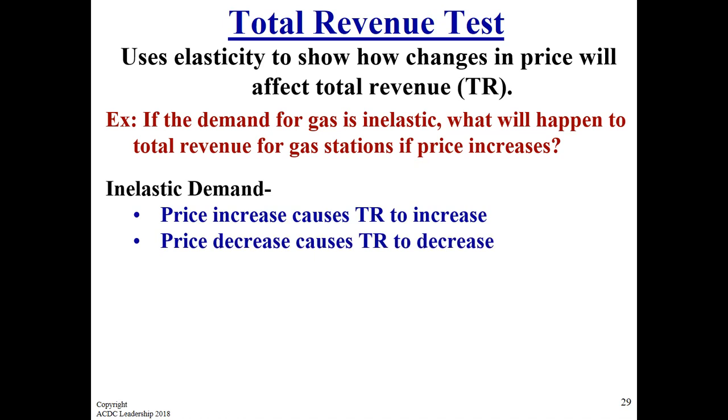Inelastic, price down, total revenue down. Because if the price goes down 10%, quantity demanded will go up less than 10%. Okay? So inelastic, there's a direct relationship between price and total revenue.